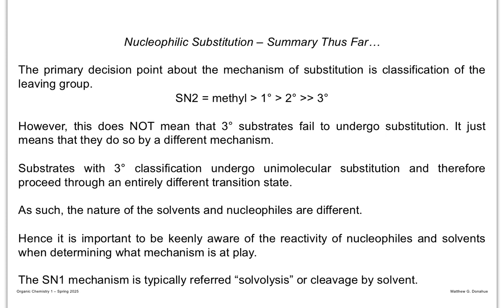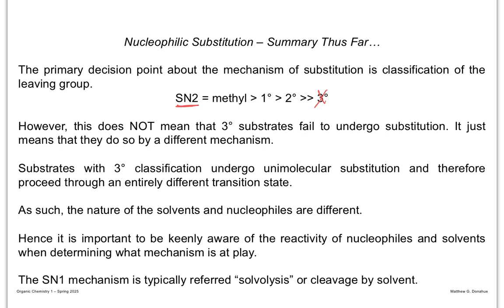So thus far, our primary decision point about substitution was classifying the nature of the leaving group. The SN2 trend said methyl reacts faster than primary and secondary, and tertiaries don't react. However, it does not mean that tertiary substrates fail to undergo substitution. They do. It's just this alternative mechanism now.